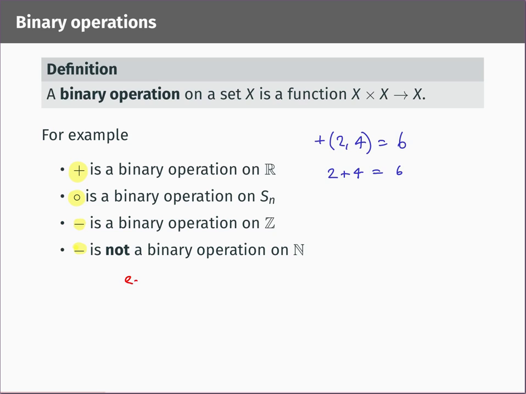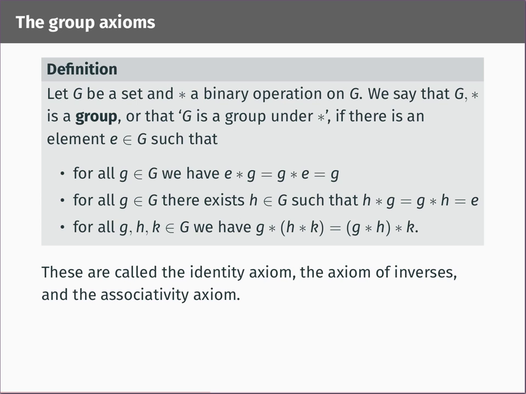So for example, if you do 2 minus 4, that's a natural number subtracted from a natural number, but that is not an element of the natural numbers because they don't contain negative numbers. So it's not a binary operation on the set N.